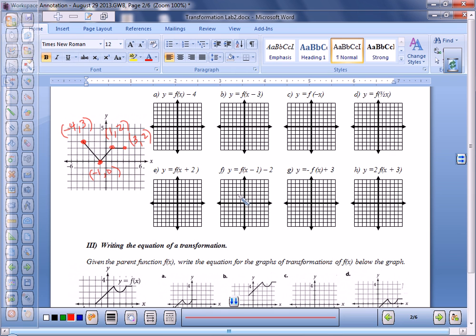So, let's look at A. What does A tell us to do to this parent function? If this is y equals f of x, tell me in words, what does this tell me to do? Shift down 4 units. So take each one of these points and drop it down 4.